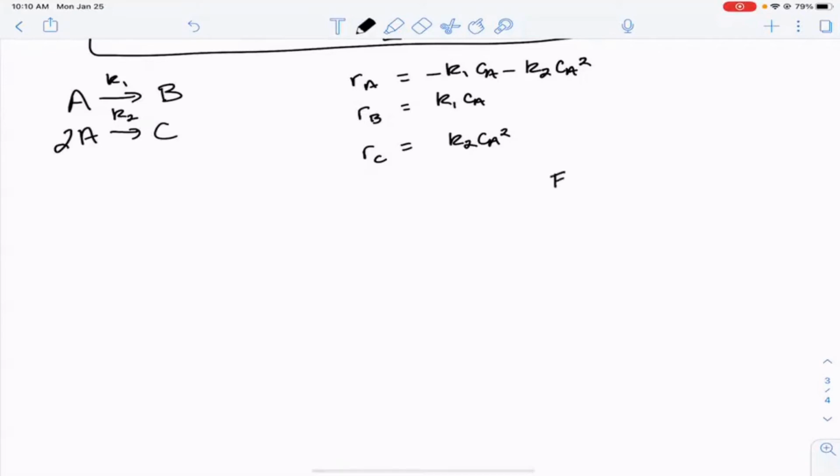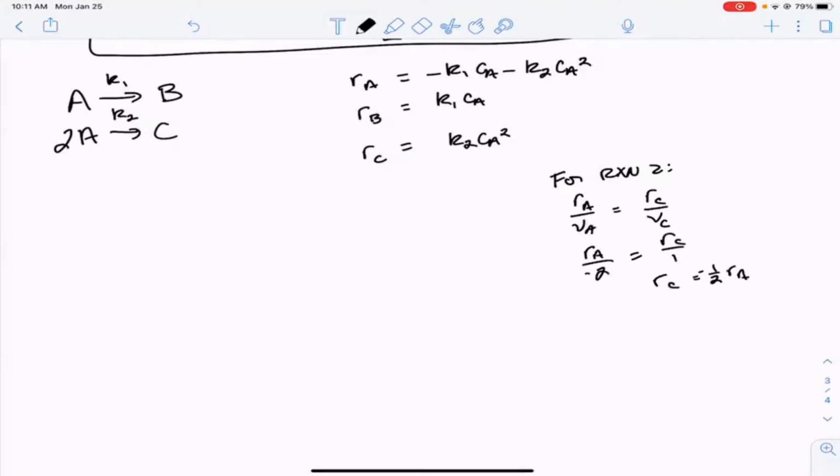You could say for reaction 2 that RA over the stoichiometric coefficient for A would equal RC over the stoichiometric coefficient for C. And if you look at that, that would mean RA over minus 2 equals RC over 1. So RC for that reaction has to equal minus 1/2 times RA. So for every molecule of A that reacts in this reaction, you only get 1/2 mole of C. And that's all that this is saying with the stoichiometry. So that is 1/2.